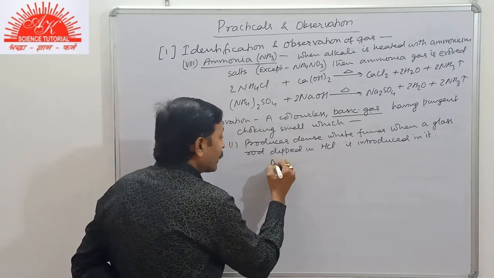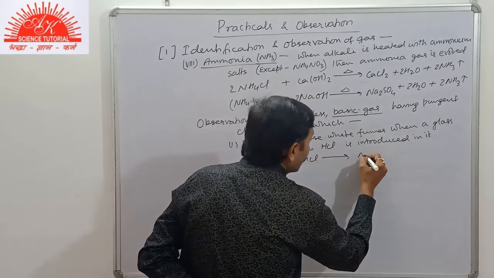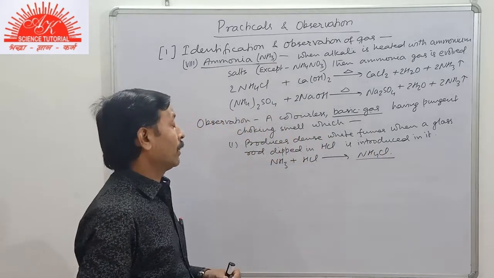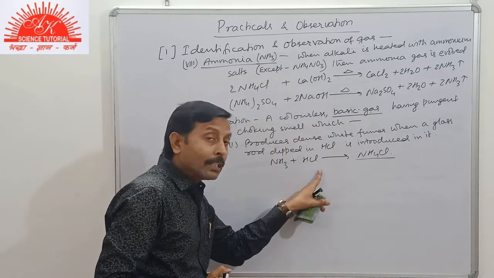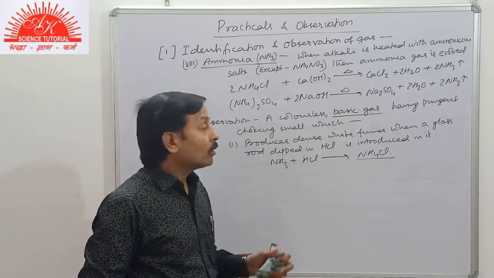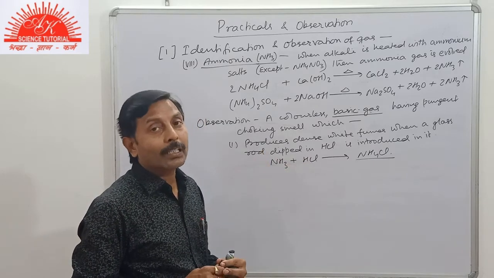It is similar to the test for hydrogen chloride. The reason is that a similar type of reaction takes place, that is dense white fumes appear. Here two gases react to form a white solid. So this is the test for HCl as well as for ammonia gas.